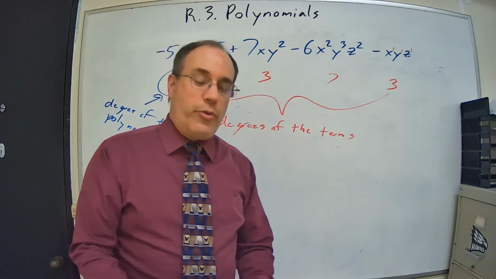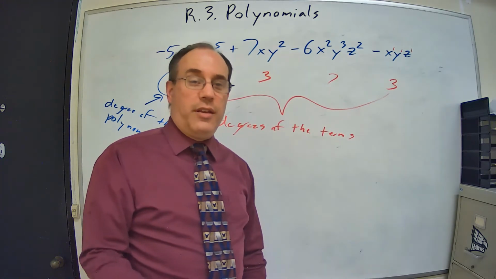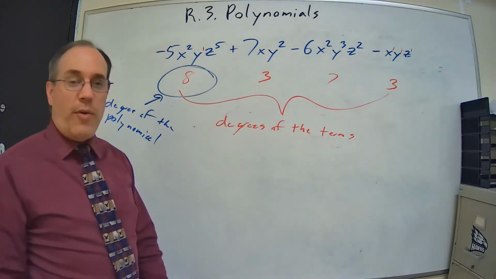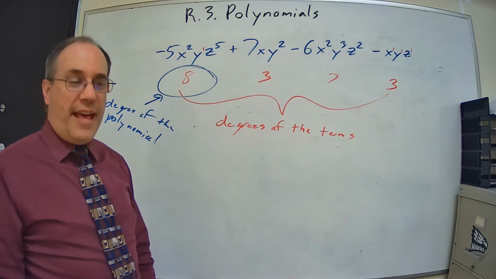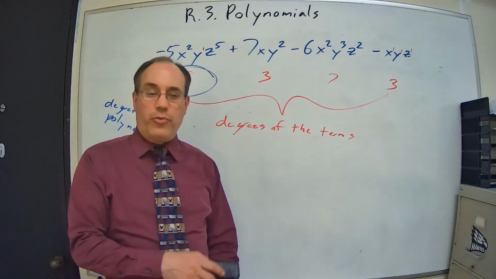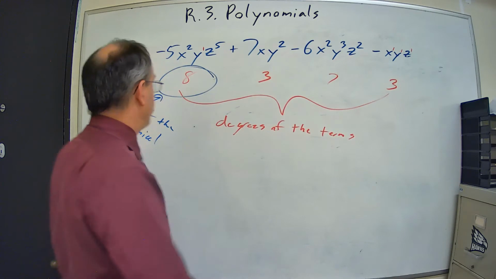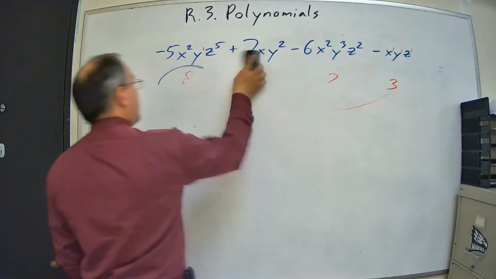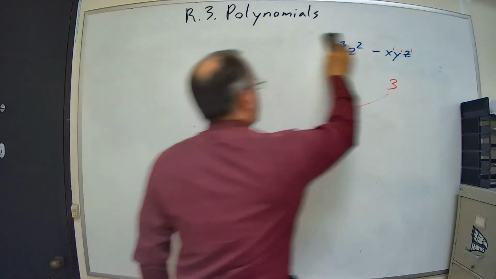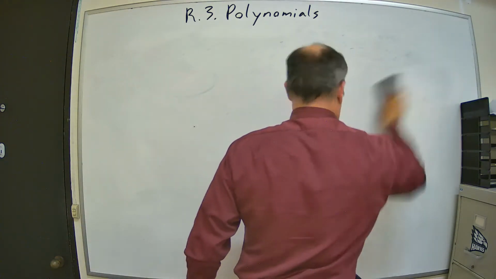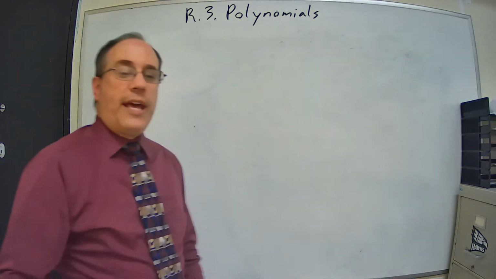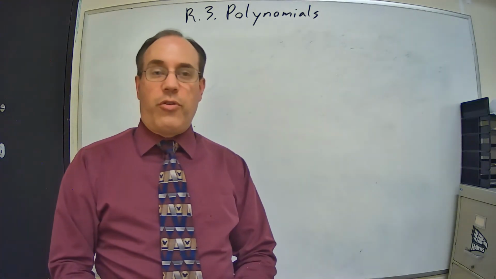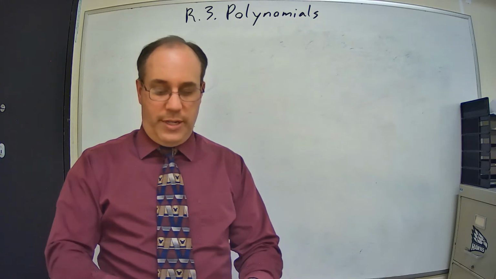That depends on what you want to use for rules for putting them in descending order. So that's why we tend to not really worry about it that much when you have multiple variables with multiple degrees. But now that we can look at them, we can determine the degree of the polynomial, the degree of the terms. We can put them in ascending order or descending order.